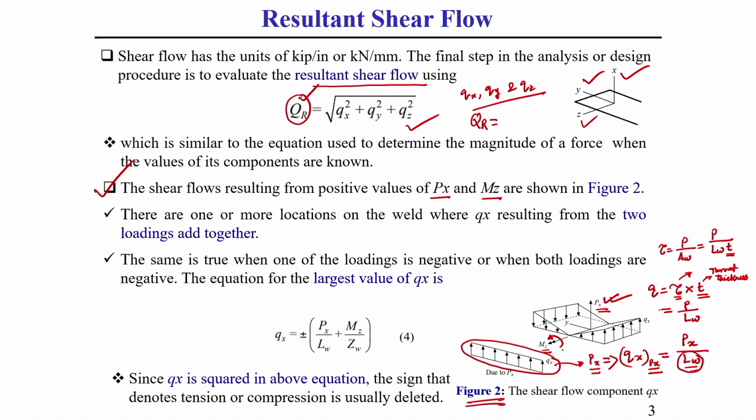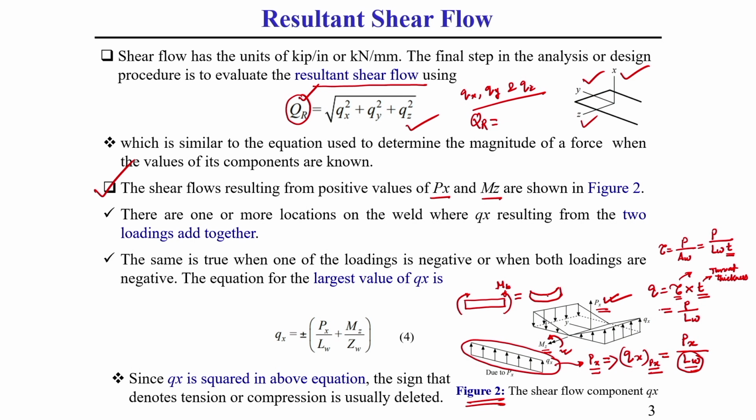So, due to this bending moment, how will the bending stress come in the weld? Already you know, if a beam is subjected to a bending moment M, it will bend like this.